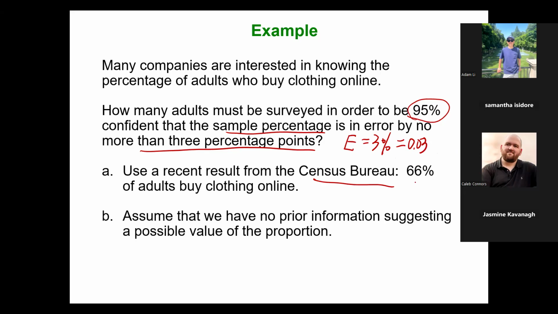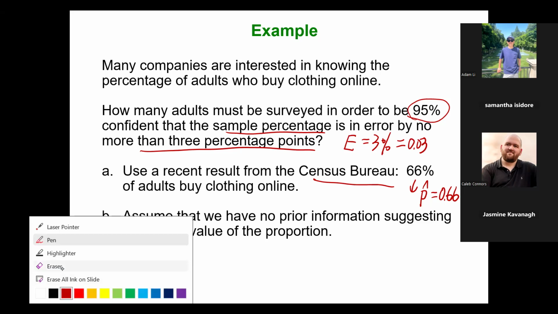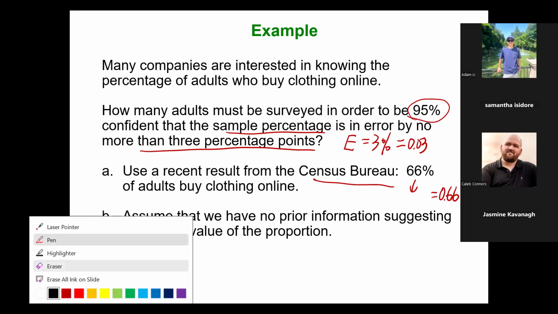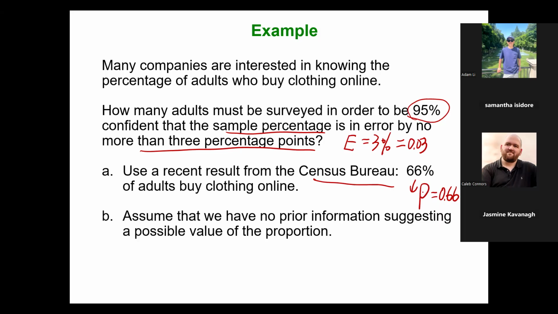This is basically, we are given p hat here from the Census Bureau, so that's going to be 0.66. Actually, the Census Bureau gives the population proportion, so it's a P, because the Census Bureau always collects the data from the entire population.